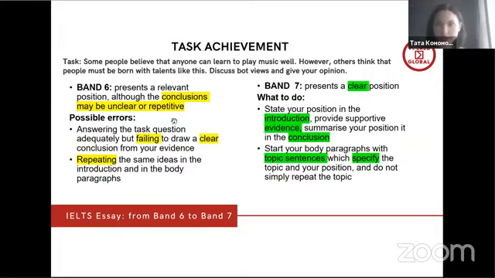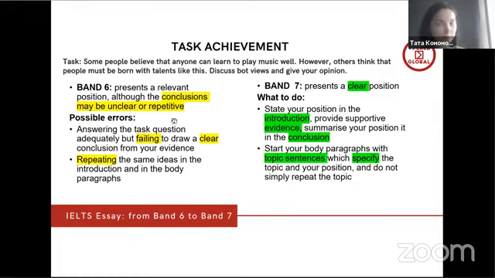The main error of students who end up with band 6 may be that they state one idea in the introduction, then they repeat it without clarification or explaining it, or without specifying the same idea in the body paragraph and then restate it in the conclusion.